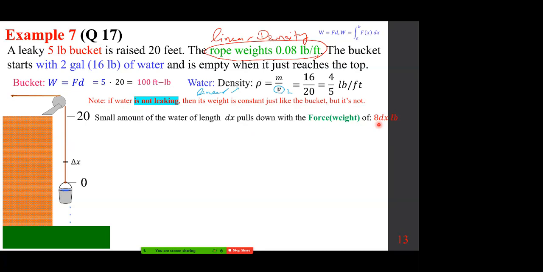So this is delta x, an increment of the rope or the water for that matter. The same concept is used. And let x be the distance this part has from the top. So x is this distance, okay. So we're going to lift it by that much, okay.